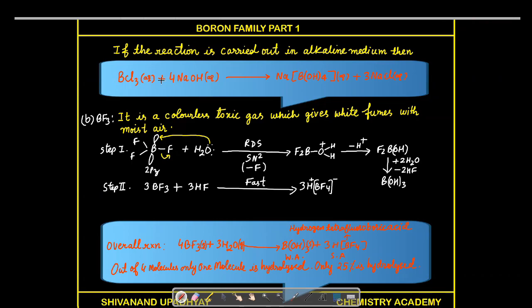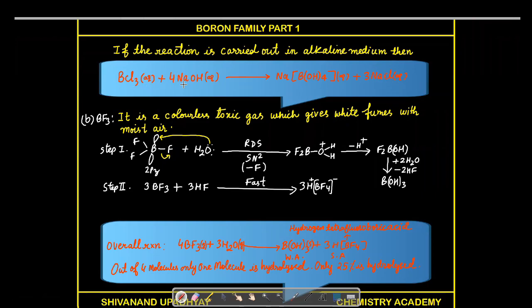Again, the same thing will happen, OH minus will be there. One molecule of BCl3 will react with 3 molecules of NaOH to form boric acid and 3 molecules of NaCl. Then that boric acid will further react with another molecule of NaOH, like an acid-base reaction, to form NaB(OH)4 and 3 molecules of NaCl. So this is the reaction taking place.